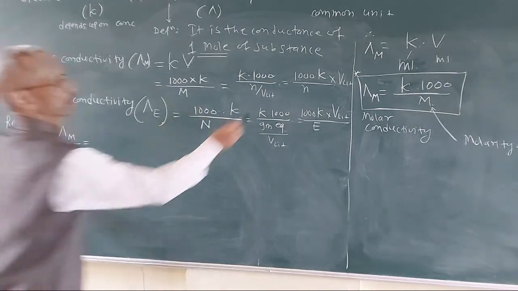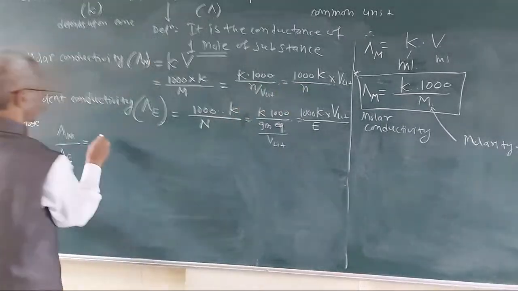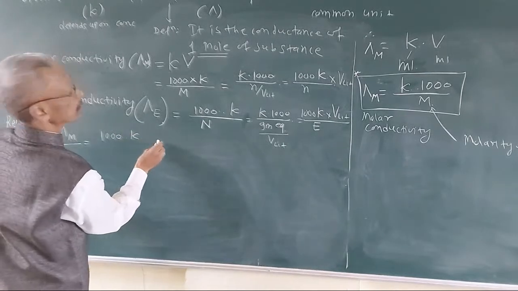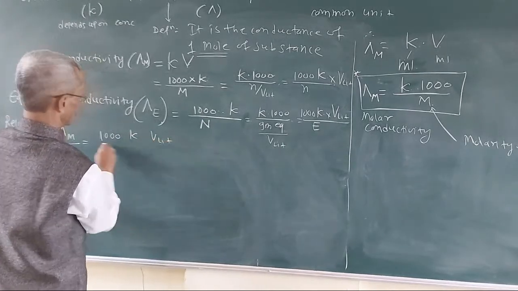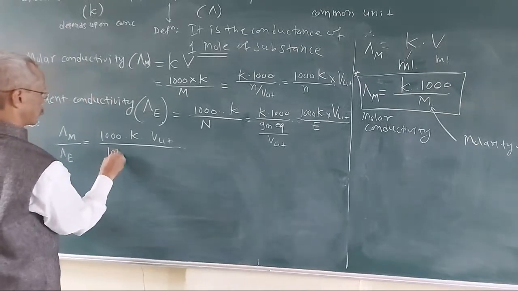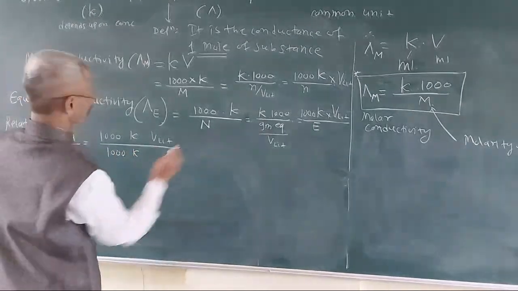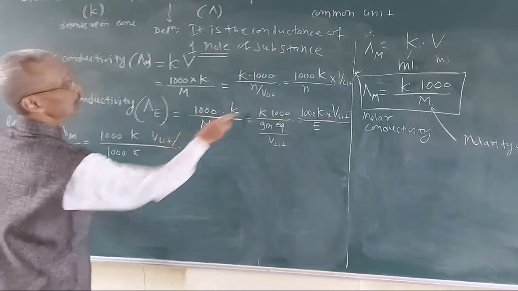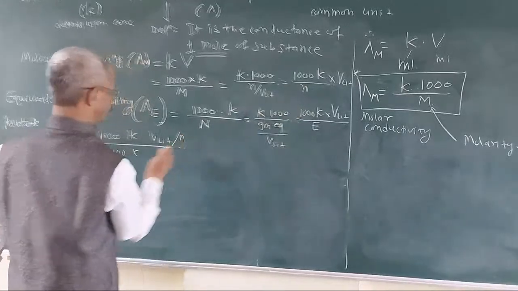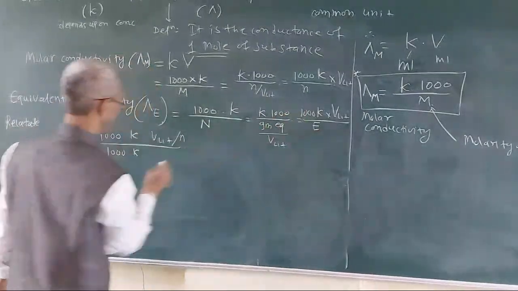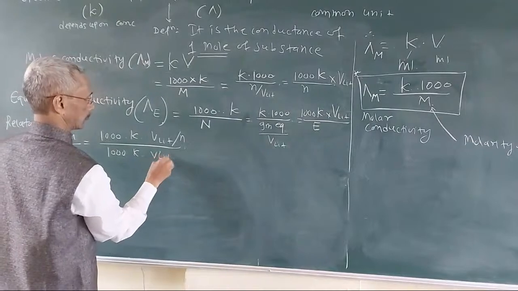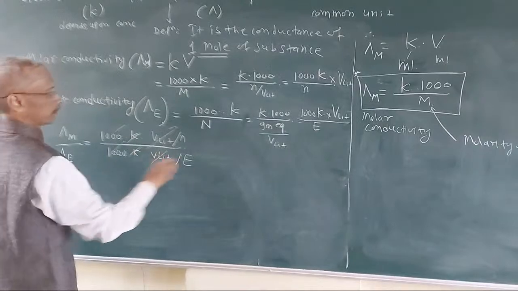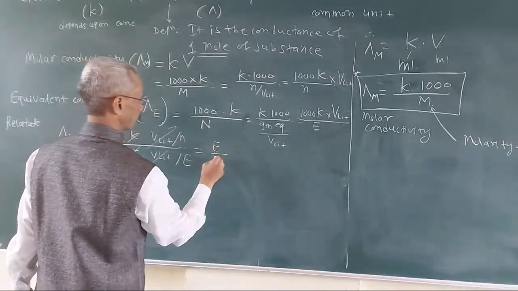So we consider 1000 K into V liter upon 1000 K upon N, and this V liter upon V gets cancelled. Only one can get V upon N.